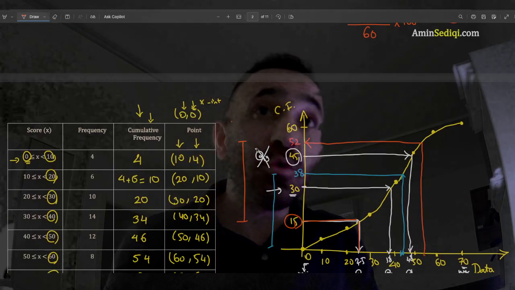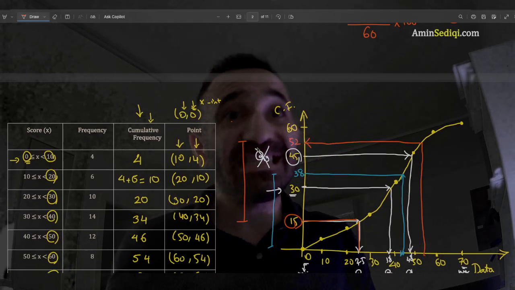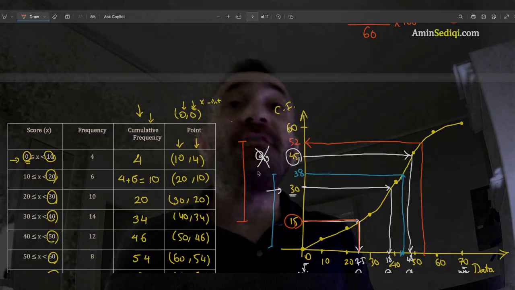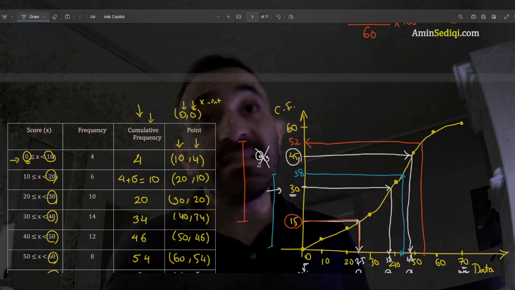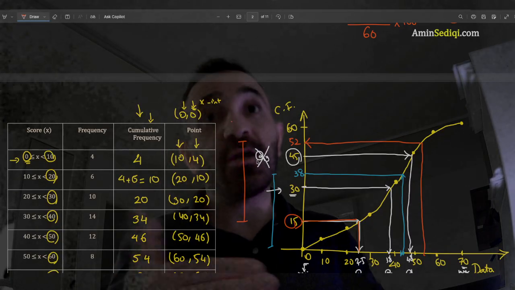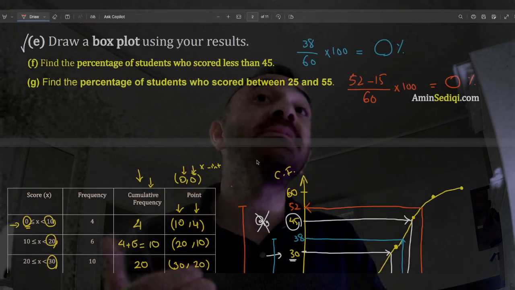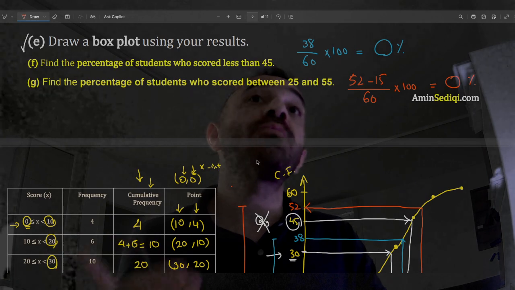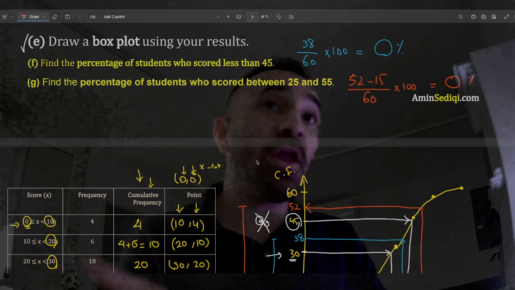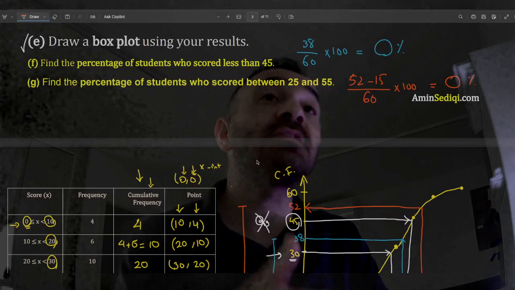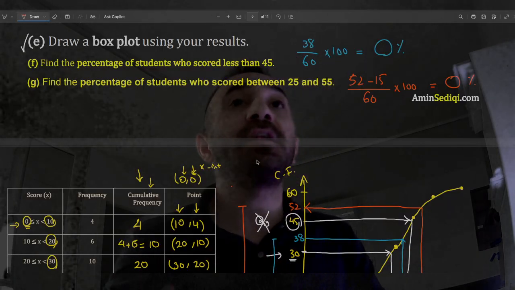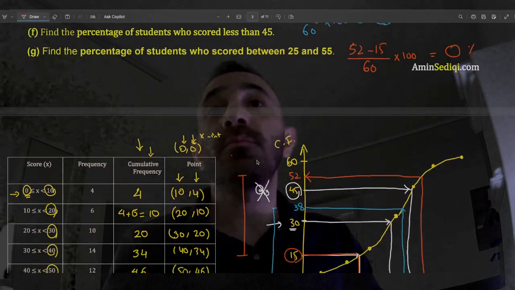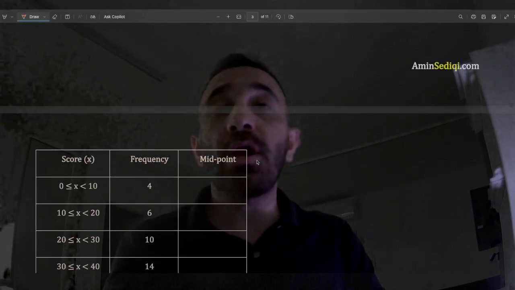I know that 52 students, they scored less than 55. 15 students, they scored less than 25. So if I subtract these two values, it gives me the number of students who scored between 25 and 55 divided by the total number of students times 100 gives you the percentage, which you can do on your own.